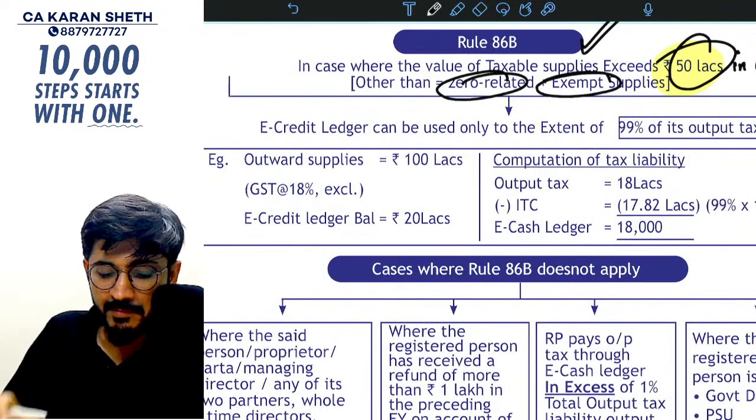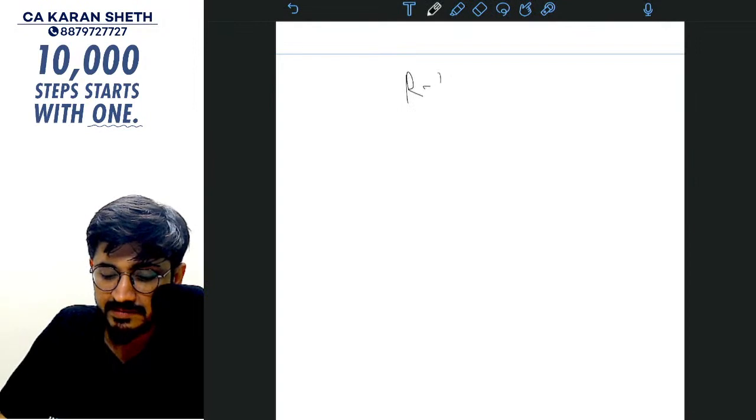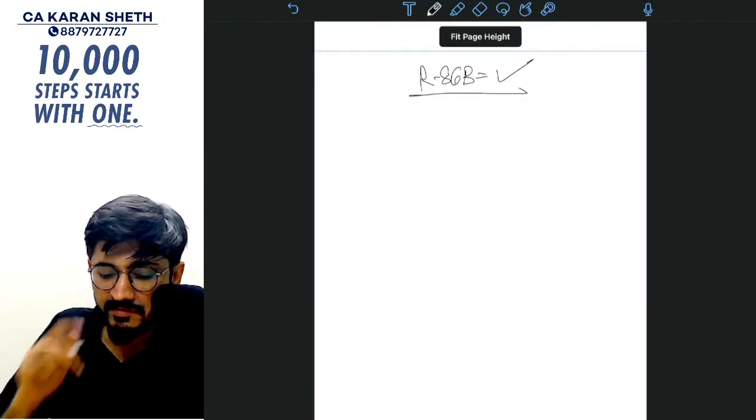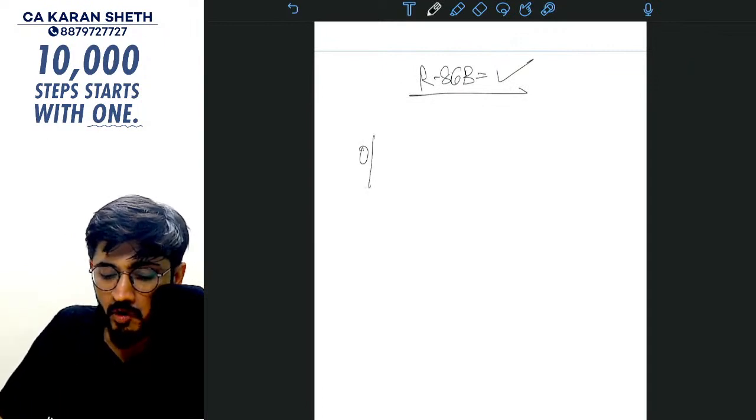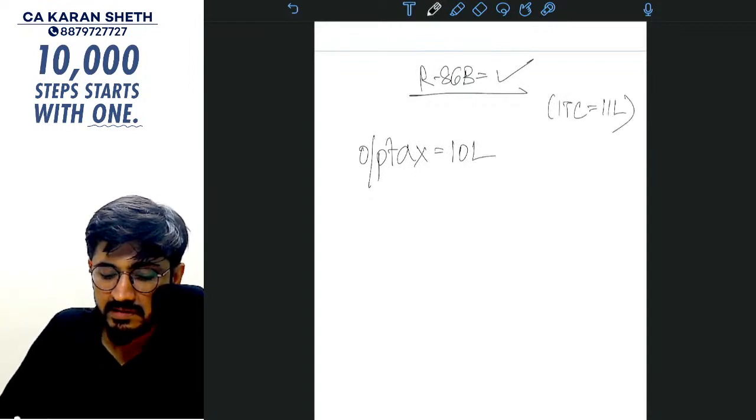Now if this happens, understand, if rule 86B applies, what will happen? So let's say, for example, if your output tax is 10 lakhs and you already have ITC of 11 lakhs, what will happen?